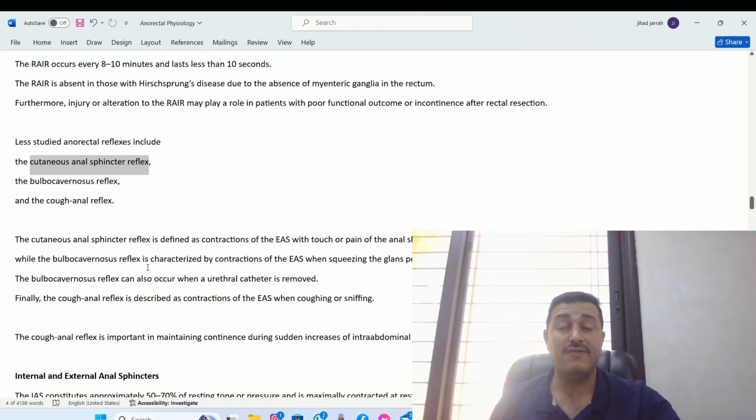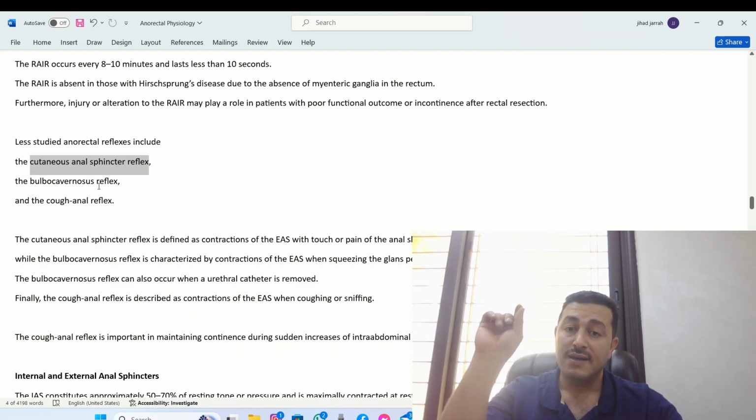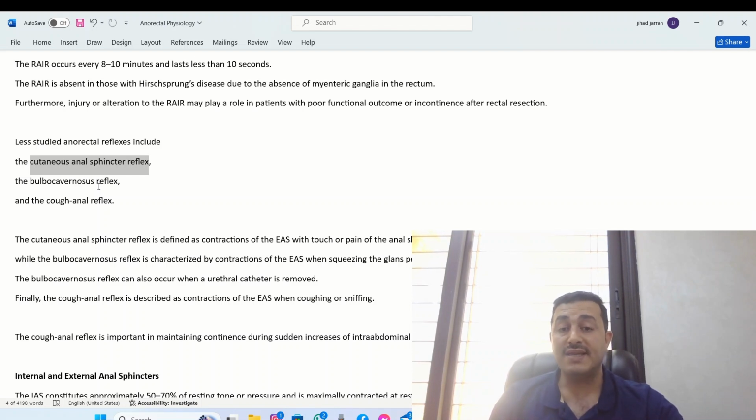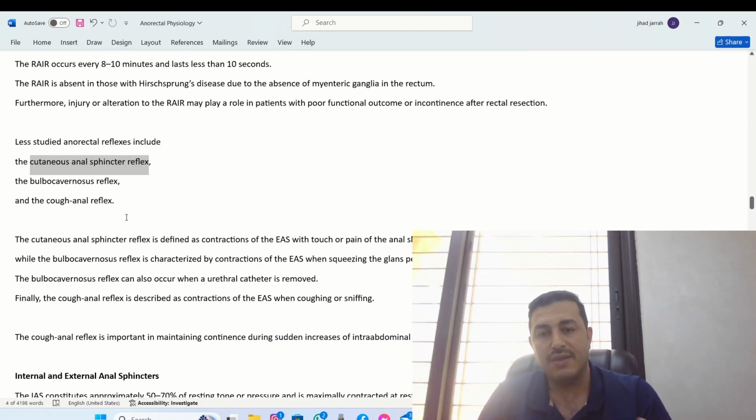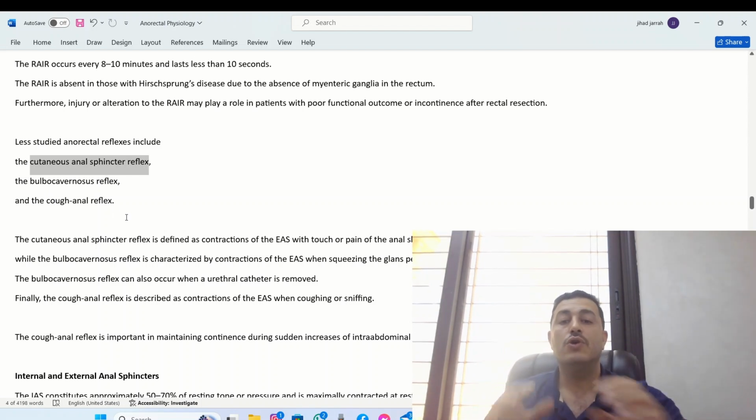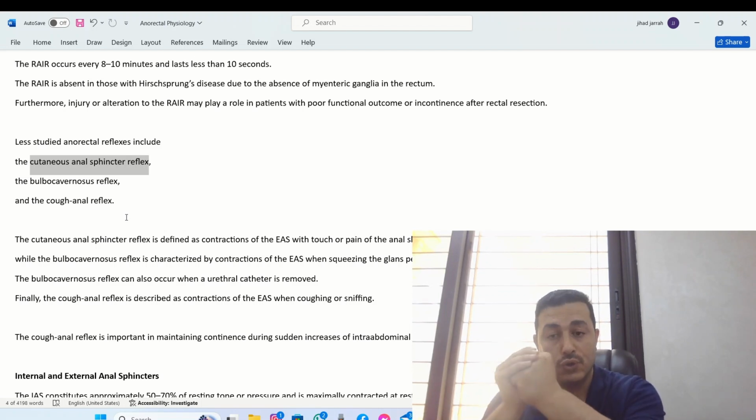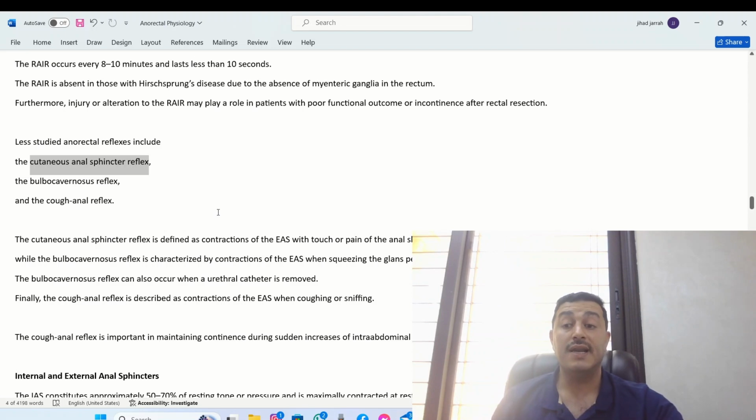The cutaneous anal reflexes are touch to the anal and perianal region. Bulbocavernosus reflexes: touching or squeezing the glans of the penis or clitoris will also cause contraction of the external anal sphincter. And the cough anal reflexes: an increase in intra-abdominal pressure, coughing, laughing, sneezing, will cause contraction of the external anal sphincter.